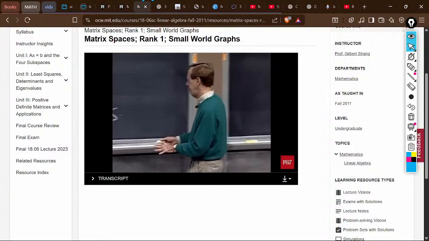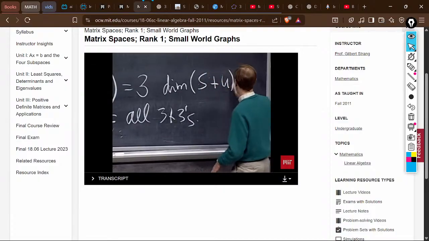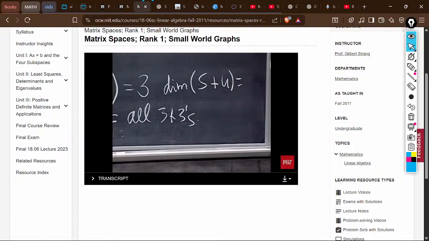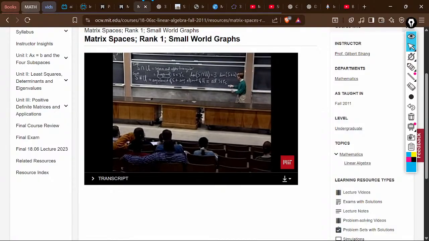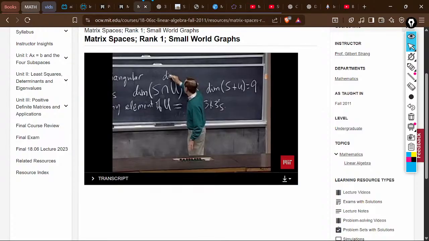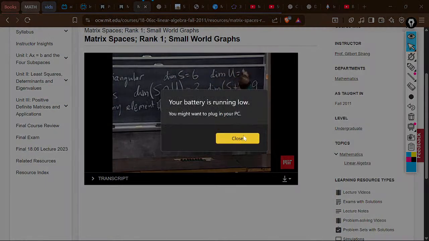Now let's figure out the dimension. What's the dimension of S plus U in this example? It is 9, because we got all 3 by 3 matrices. The original symmetric space had dimension 6, and the original upper triangular space had dimension 6.